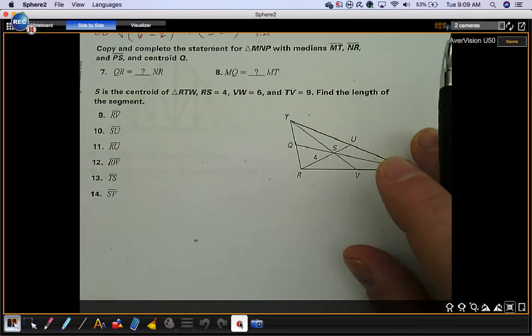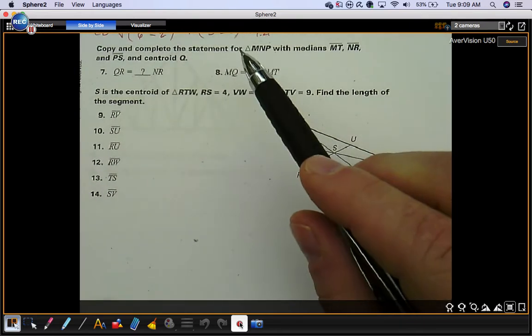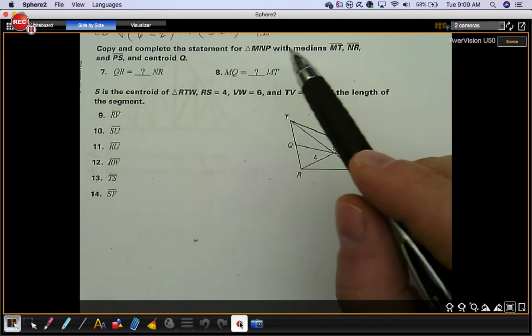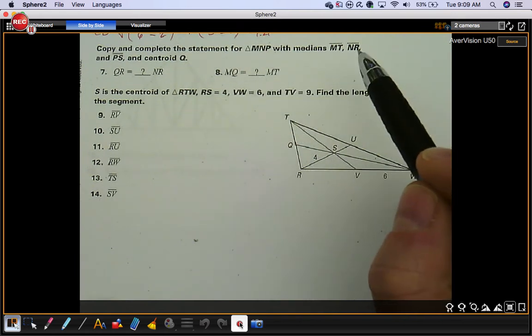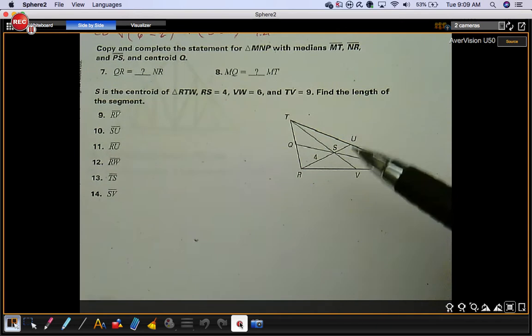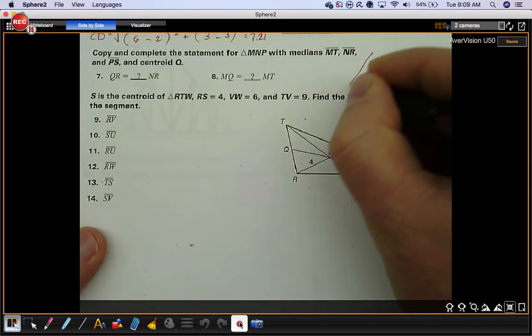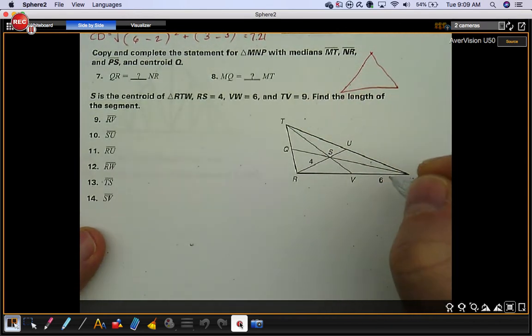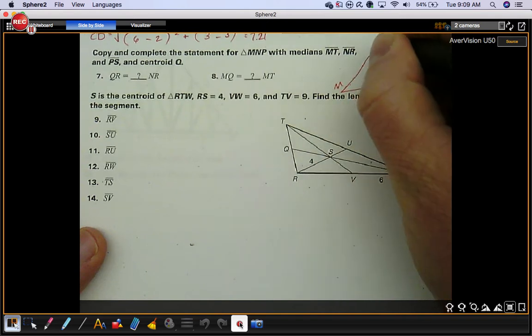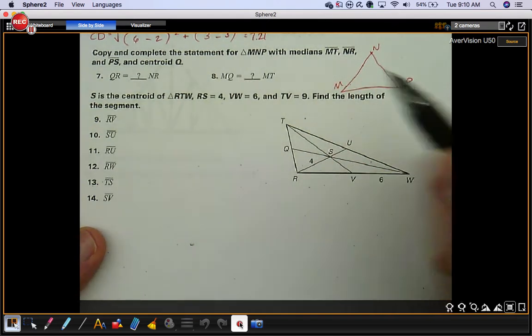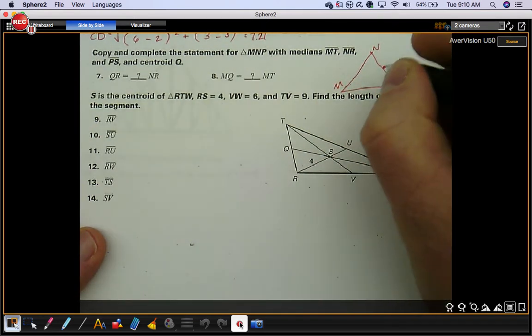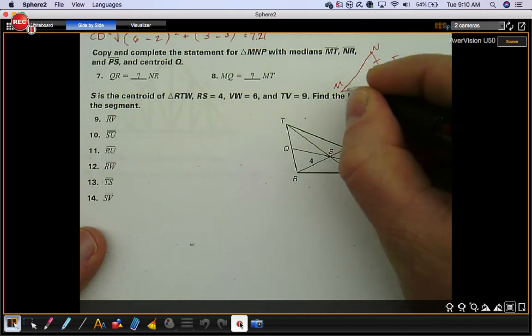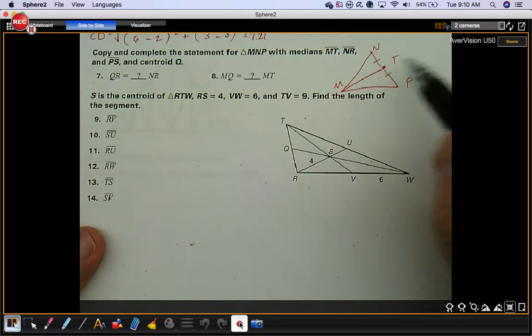Number 7, we're going to copy and complete this statement for triangle MNP with medians, segment MT, NR, PS, and the centroid is Q. So it really helps if you draw this triangle. Obviously, you need triangle MNP, and they're telling you that there are some medians. So if segment MT is a median, then T must live over here.